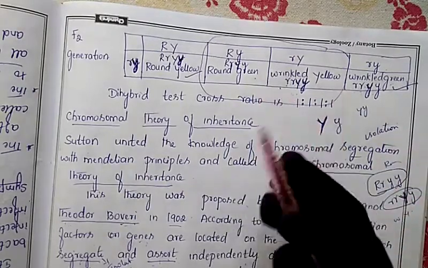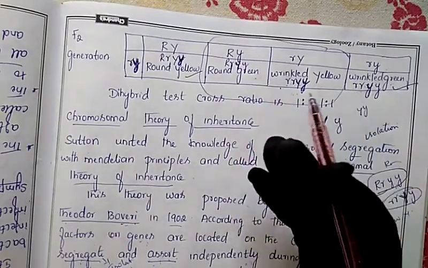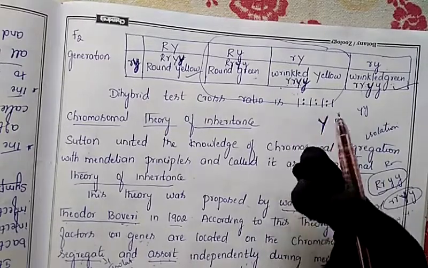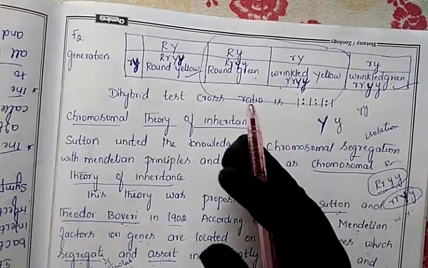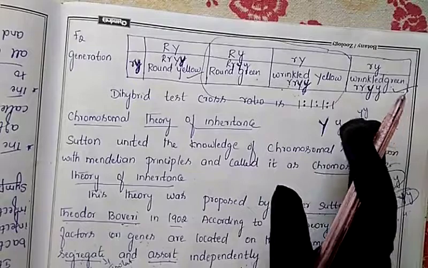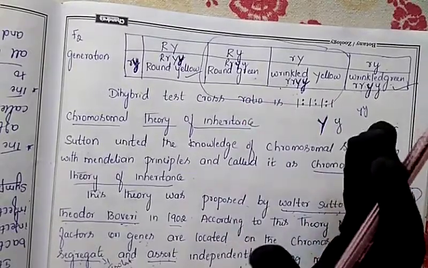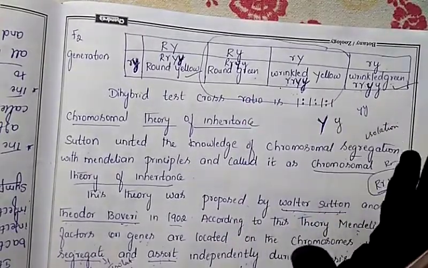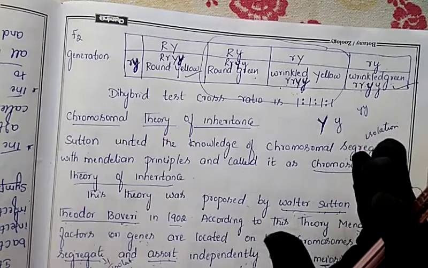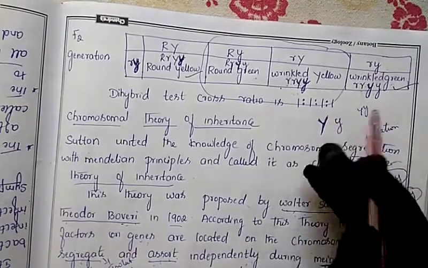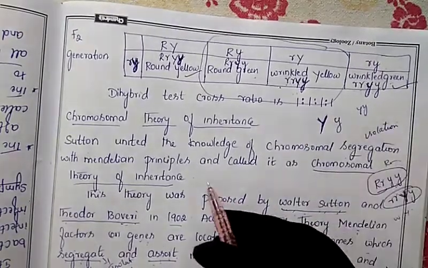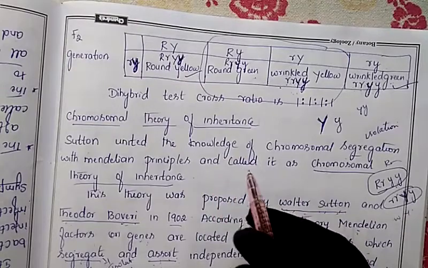Mendel's second law is the same concept. What did he explain in the second law? The alleles, or genes, get separated. After separation they are put together, and after putting together they recombine to express a new character. This concept was told by Mendel in his second law.